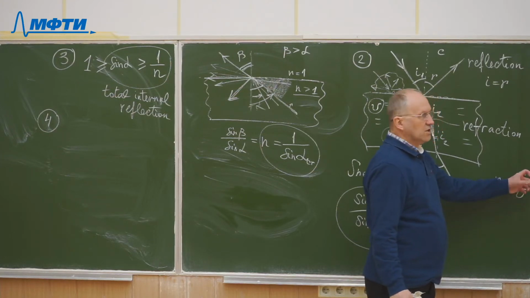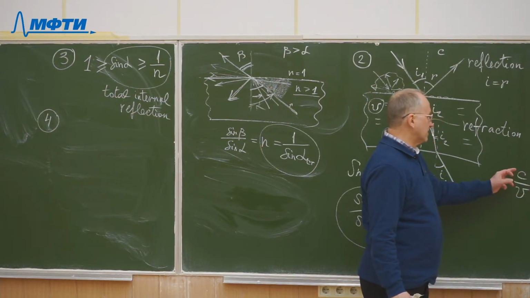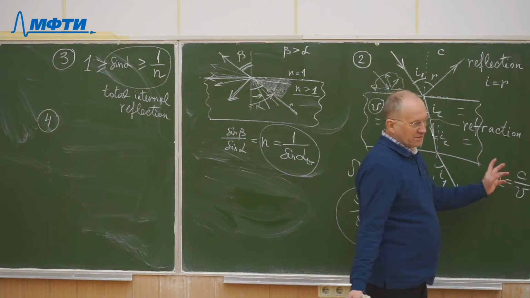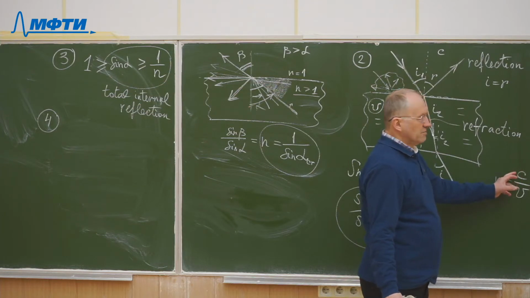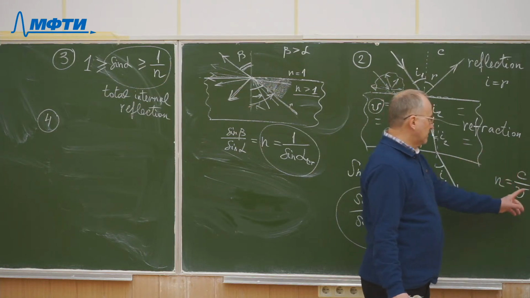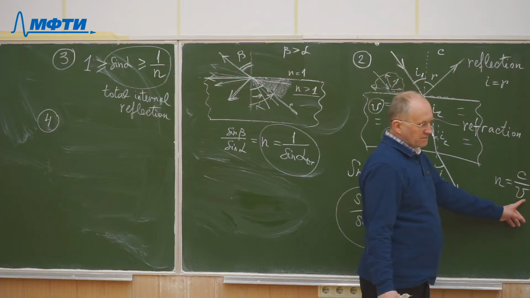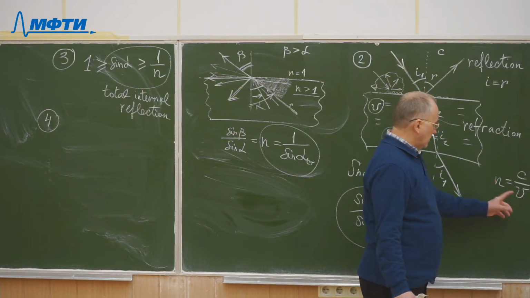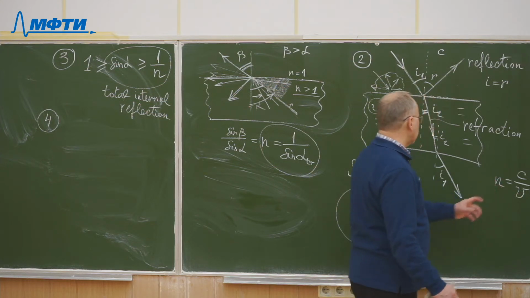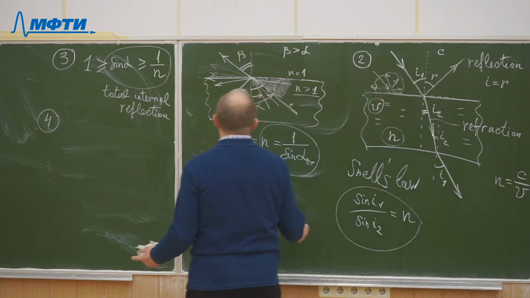Only in vacuum all the frequencies propagate at the same velocity c, the velocity of light. But if you go into the medium, then the velocity of propagation will depend on the frequency. And therefore, the refraction index will be a function of frequency.